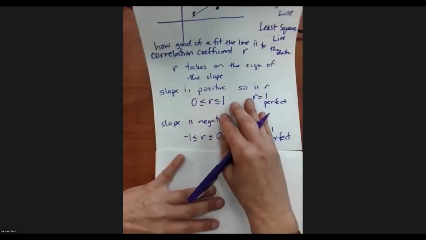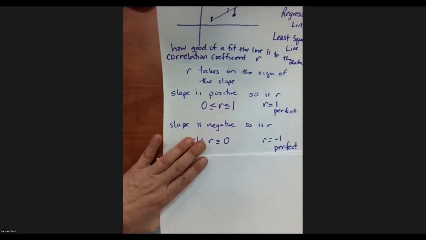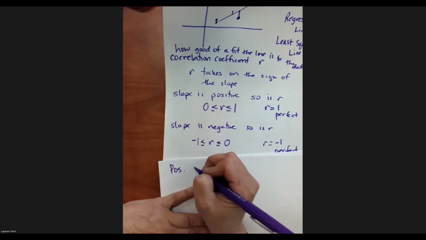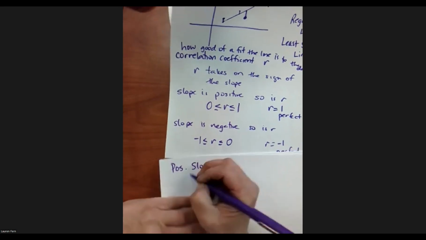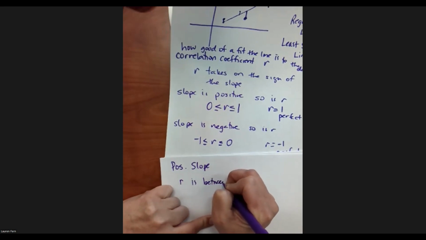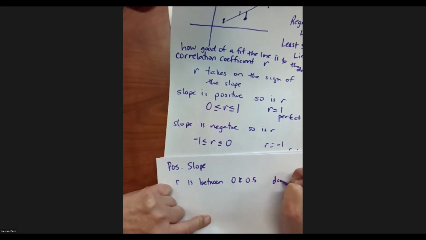So these are our rules of thumb, but obviously they depend very much on the situation. When you have a positive slope, if R is between 0 and 0.5, it means it's a bad fit, don't use it.